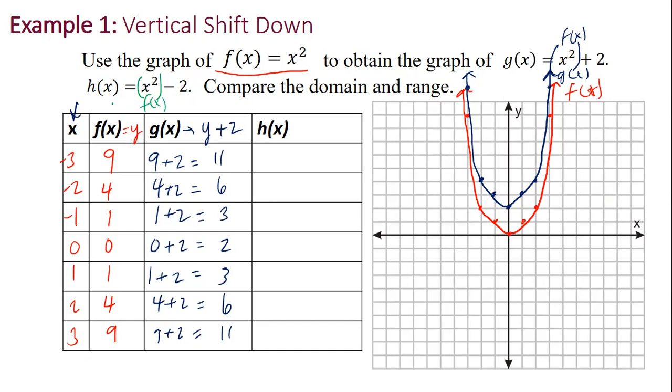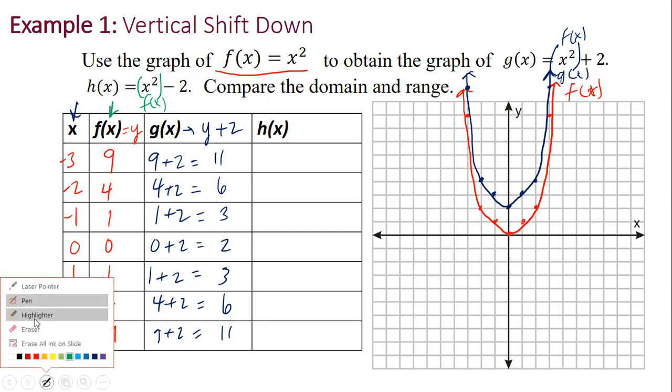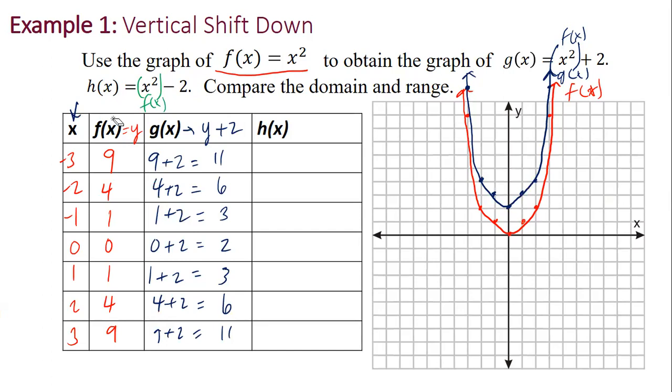Minusing 2. And again, it's the original f of x. So you're filling that one in. Let me know if you need me. You can see why I said the colors may be helpful.